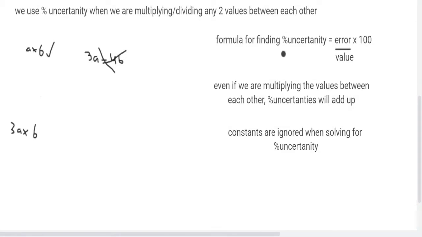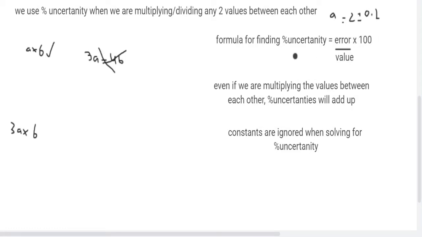There is a formula for finding the percentage uncertainty, and the formula is the error over the value times 100. So let's say that my A was 2 plus or minus 0.2. Now I would put 0.2 instead of my error, and I would put 2 instead of my value.